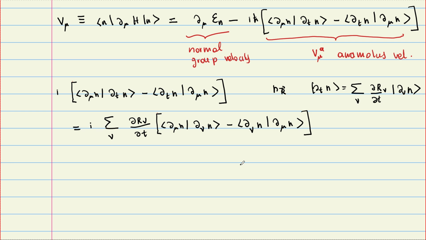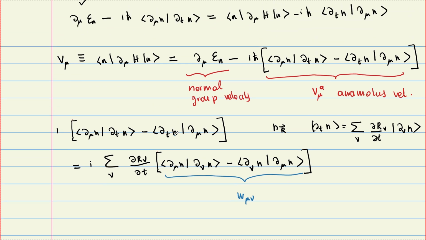Good, and this is exactly what we had in mind. This thing, in blue, is what we called Ω_μν, the so-called Berry curvature in our earlier calculation. So the velocity has a normal component and an anomalous component in this abstract parameter space.